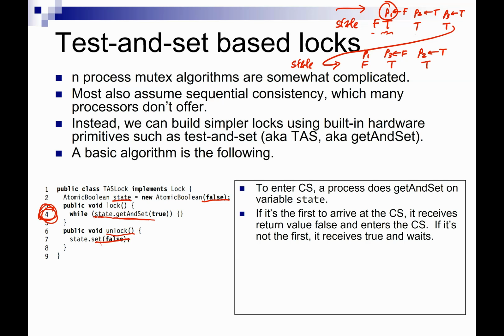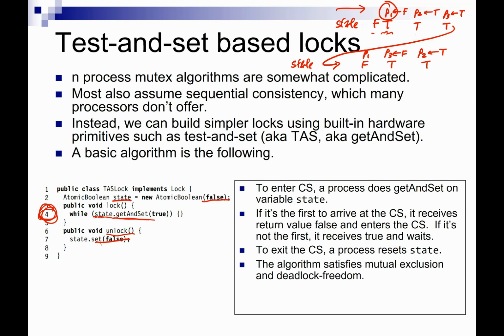Eventually, the guy with the lock finishes and sets state to be false. The waiting guys are still doing the get and set, and whoever does the get and set first sees state being false and gets in. The other guys keep waiting. So that's the entire algorithm.